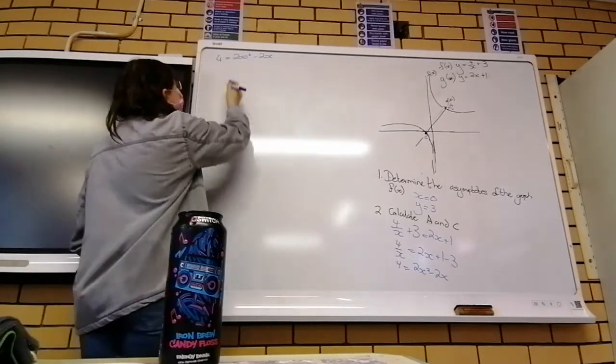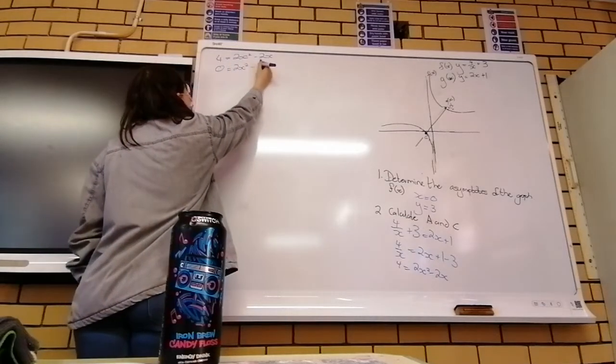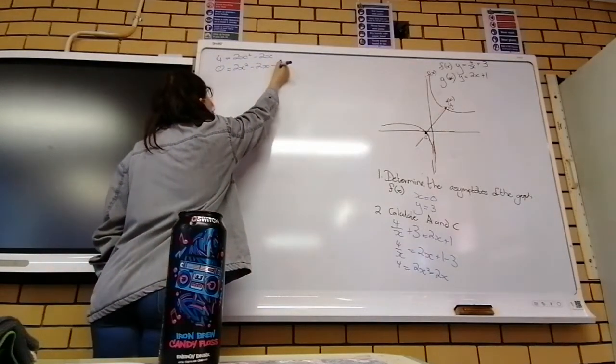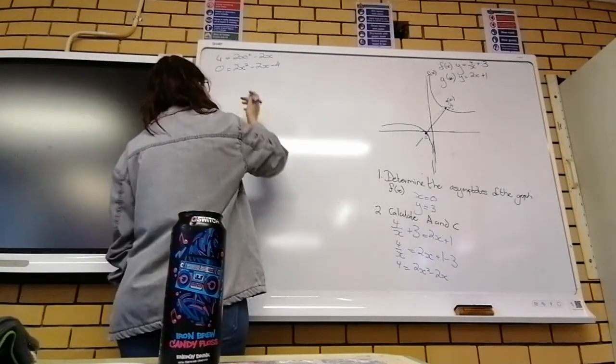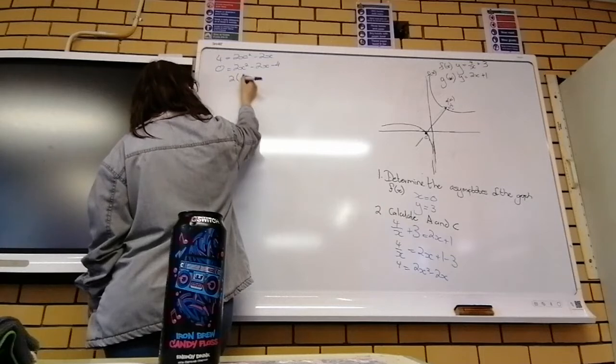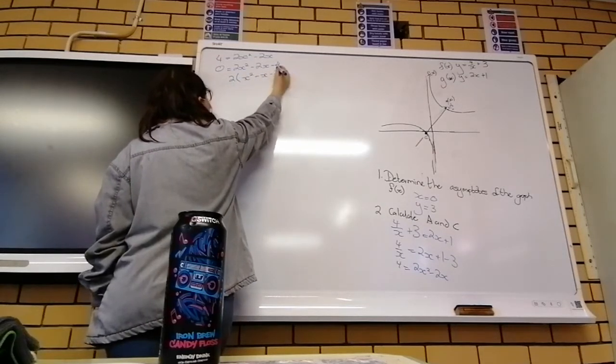Guys, so I've got 0 is equal to 2x squared minus 2x minus 4. Now we can factorize it. Okay, I can take 2 out. I have x squared minus x minus 2.